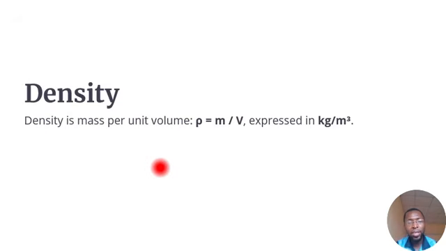Density, on the other hand, is mass per unit volume. It is the mass of the substance per volume it occupies. By symbol, we use the Greek letter rho to represent density, and the formula is density equals m over v, where m is the mass and v is the volume. The unit of density is kilogram per meter cube.